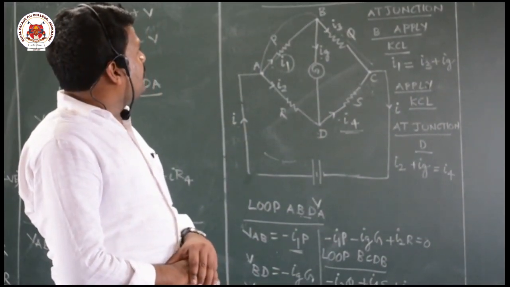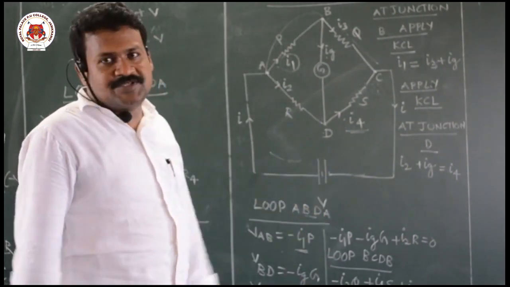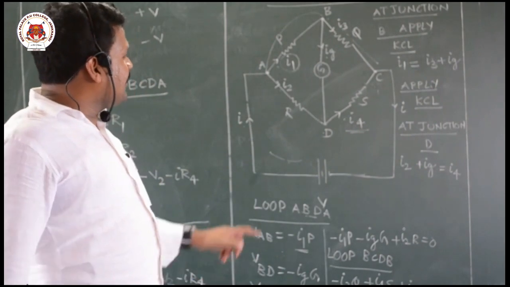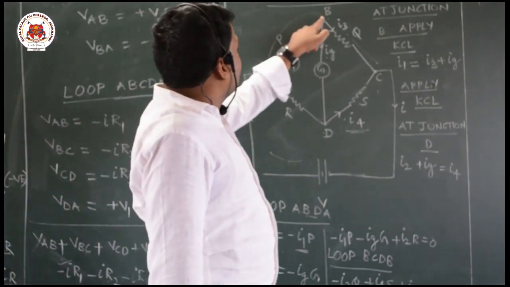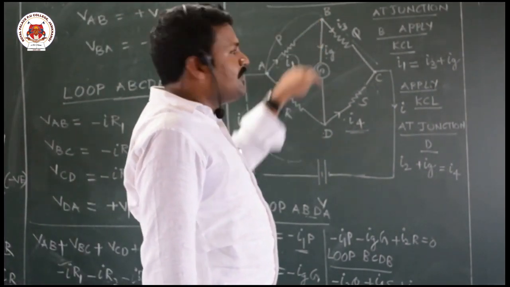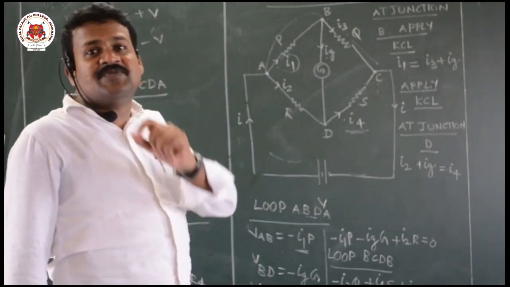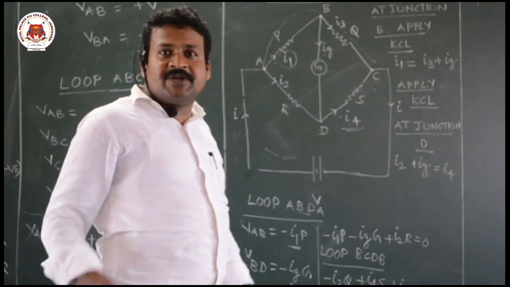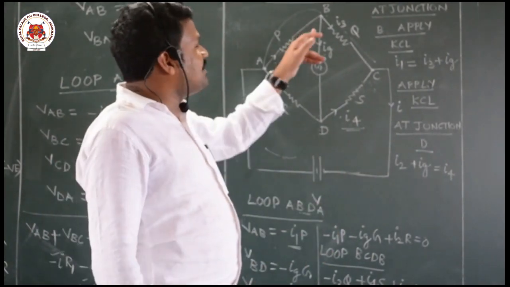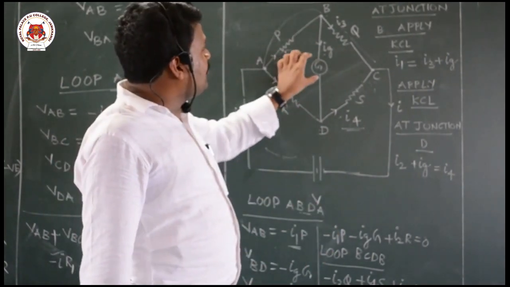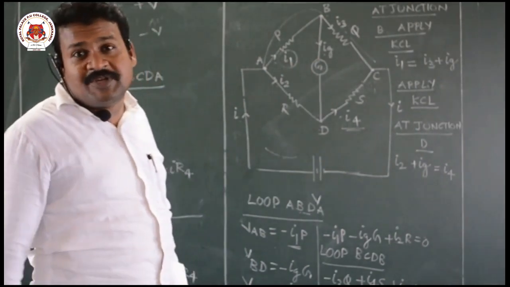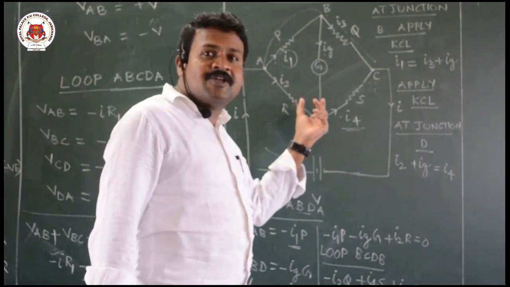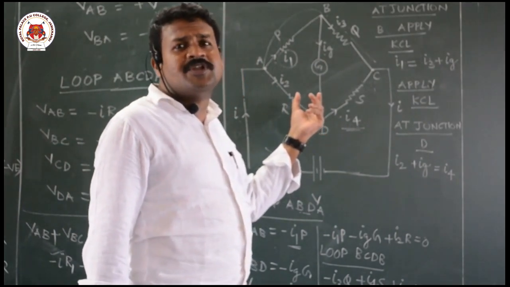Now, when can we say that the Wheatstone bridge is balanced? In that case there is no potential difference between B and D. That is the condition for balancing. The bridge is balanced when the galvanometer deflection is 0. That means no current flows across the galvanometer, because there is no potential difference.